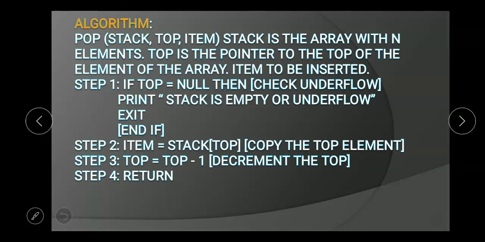Then print stack is empty or underflow. That means we can't delete any items because there is no item in the stack. That's why we print stack is empty or underflow. Exit, and end of the if.